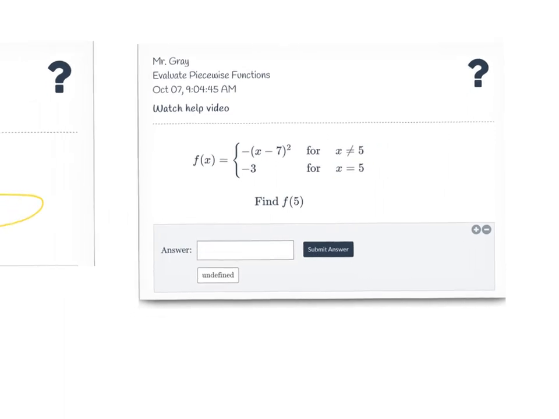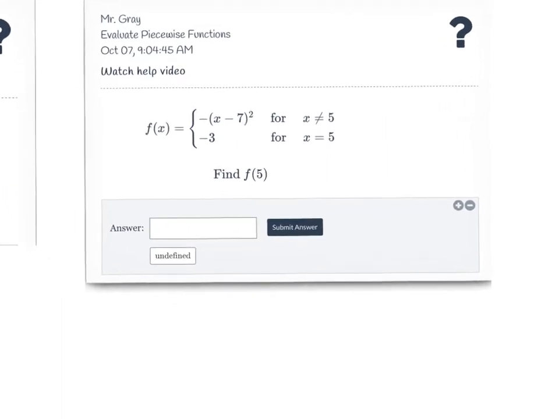This function is different. It only has 2 pieces. For every value that's not 5, so that's anything less than 5 or anything greater than 5, we use this quadratic function. For x equal to 5, we know the output is negative 3. So any other value, we'd have to plug it into the top, but for x equals 5, it's negative 3.